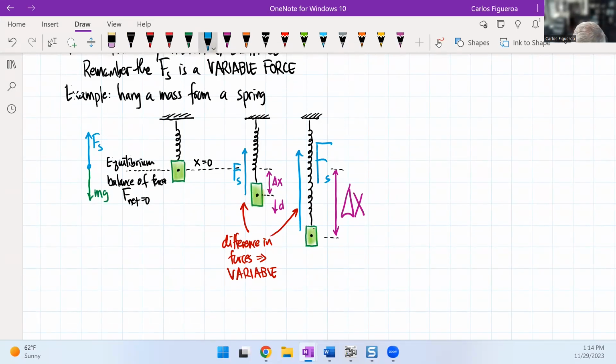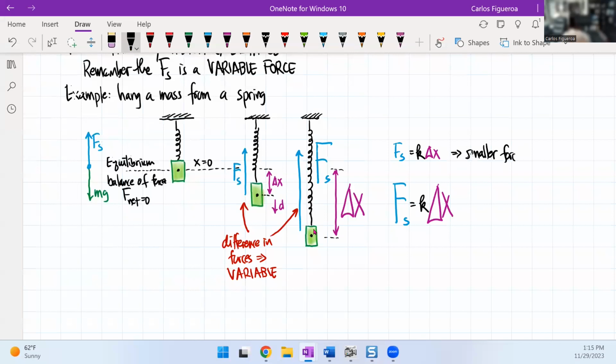So when I look at the magnitude of the spring force, we can see that in each case, even though they're the same springs, the fact that I pull this guy down only a little bit and this guy even more so tells you that this is a smaller force and this guy is a larger force.